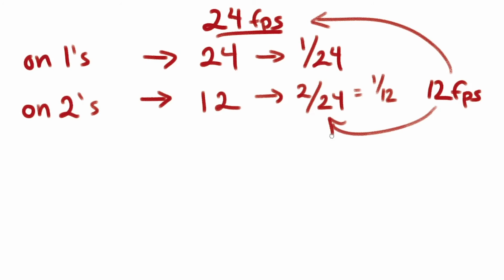The only thing is, if you set up your animation project to be 12 frames per second, then you do not have the choice to go animate on 1s within that. So if for some reason you felt like your animation wasn't quite working out at 12 frames per second and you needed to add a few in-betweens here and there, you've sort of limited yourself, and you really can't do that.